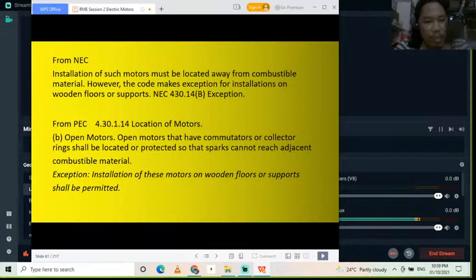So, installation of these motors, nasa exception: installation of these motors on wooden floors or supports shall be permitted. So, exception yun. Dun po nakita yung ating sagot. 4.30.1.14, Location of motors.